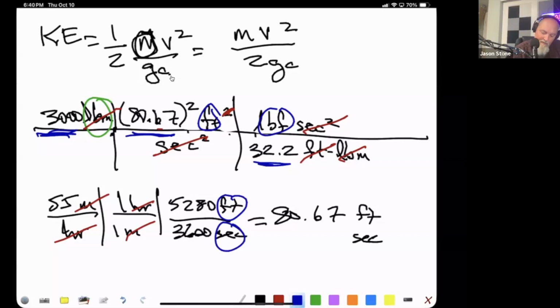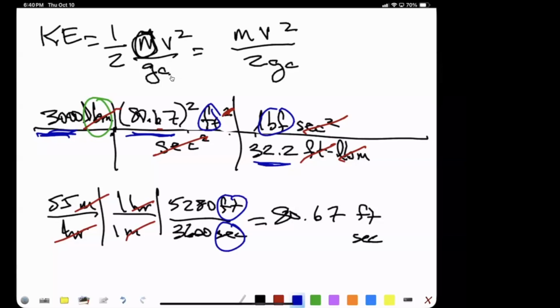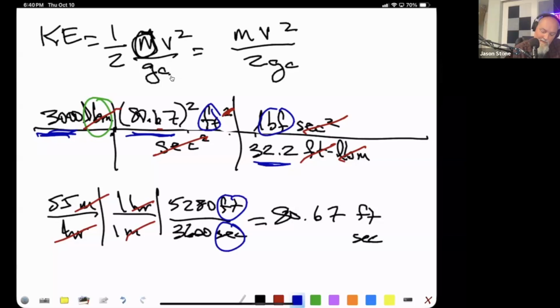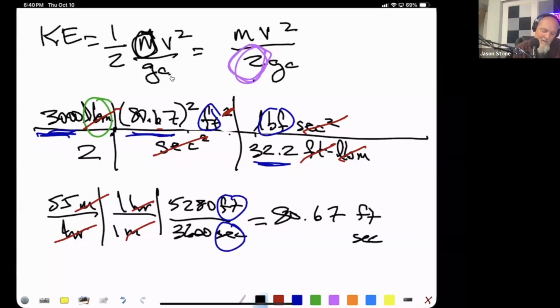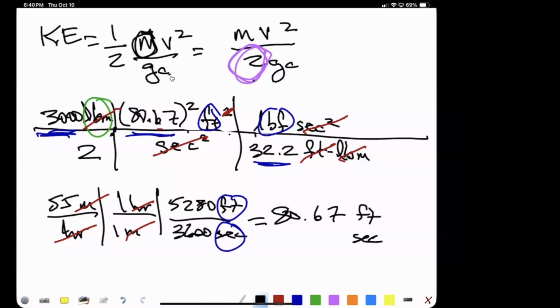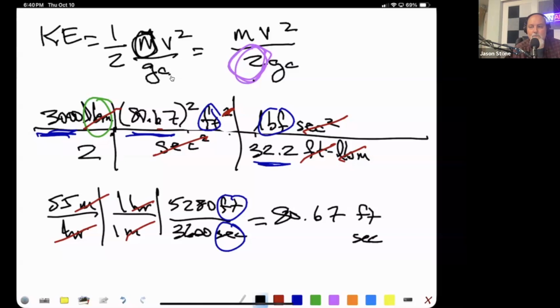That is twice what it's supposed to be. The two. Oh, the two. Okay, so we put the two down there. So divide that 606,302 foot pounds force by two, and you get 303,151. And that's the answer.